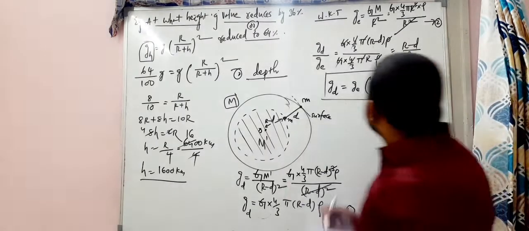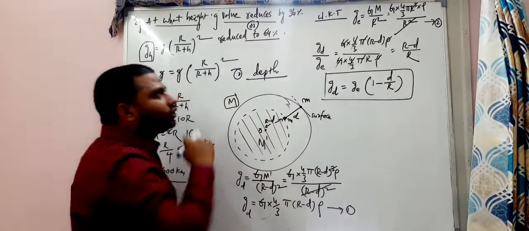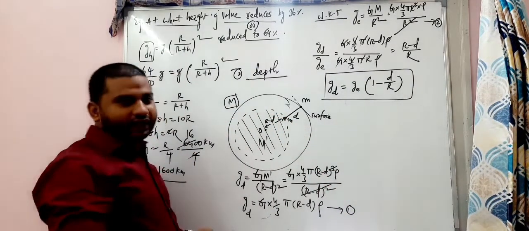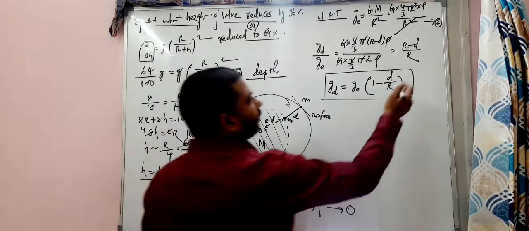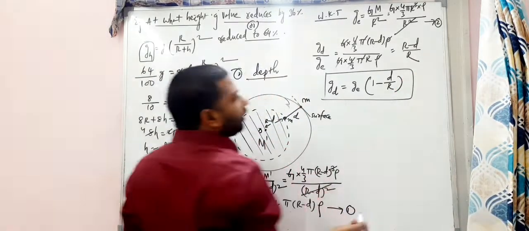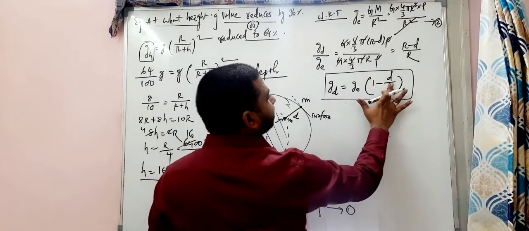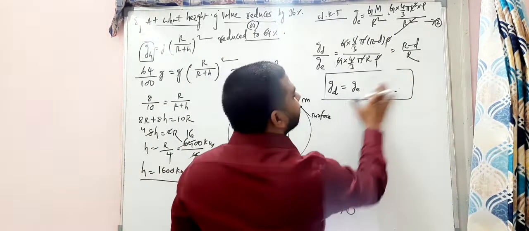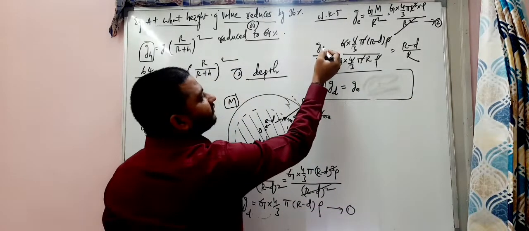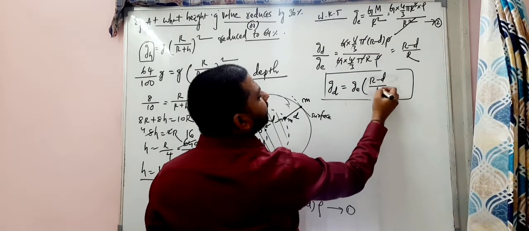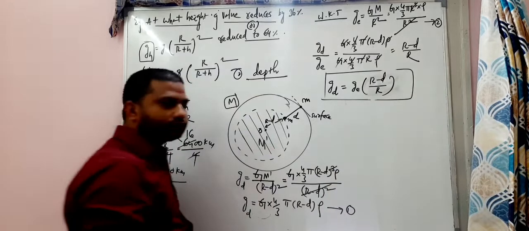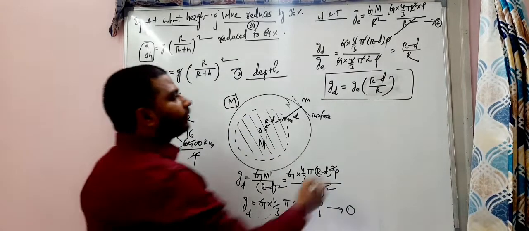Alright? So carefully observe this acceleration due to gravity at some depth. One more step I'll write here: g suffix d is equal to g_e into (R minus D) by R. No confusions, right?